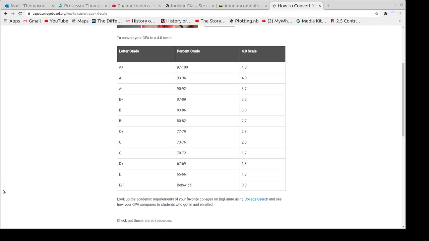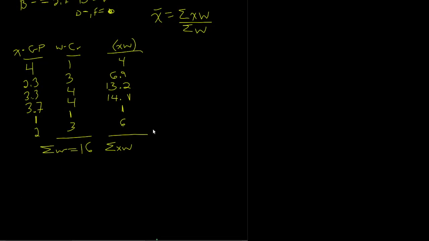Oops, wrong button. That was the letter grades. Yeah, that's better. 45.2. And so my mean is going to be 45.2 divided by 16. I hit divide, and that takes my answer, the 45.2, and divides it by 16. And that gives me 2.825.